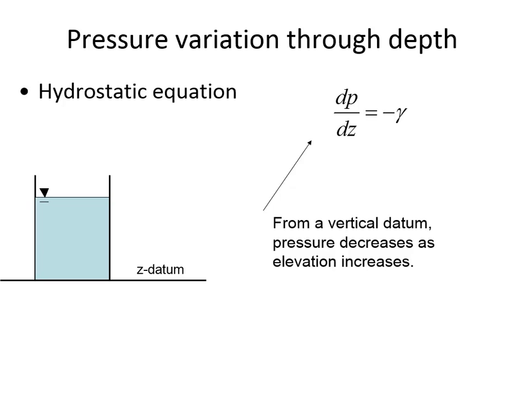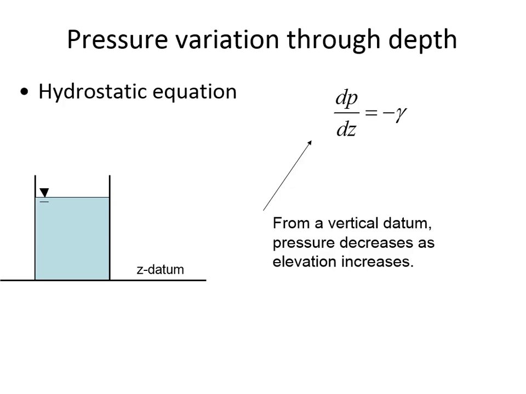So what if you go from ground level up a building 100 meters? How is the pressure going to change according to the hydrostatic equation? Up 100 meters in air, what's the delta P? So we could use this hydrostatic equation to say the delta P is going to be delta Z, and then it will be negative gamma.